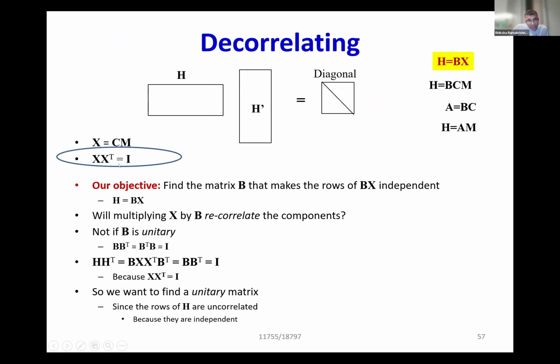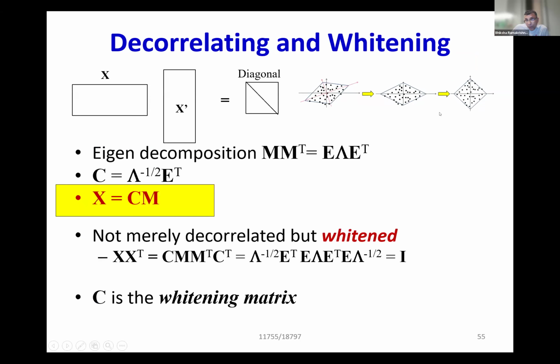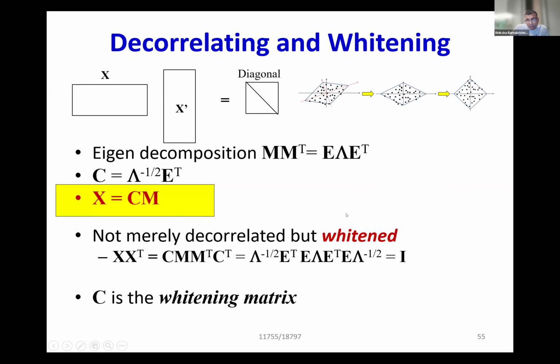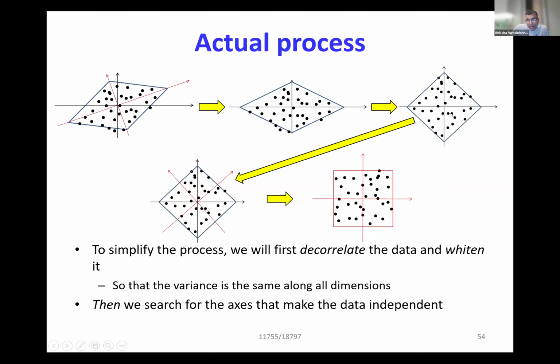I know that XX transpose must be an identity matrix because X has been whitened, right? But then I want to find a matrix B such that the rows of B times X are independent. Basically, if this is the case, going back to this picture over here, what am I doing to the scatter?